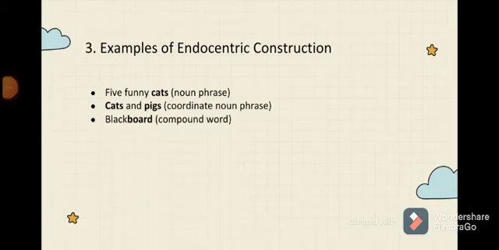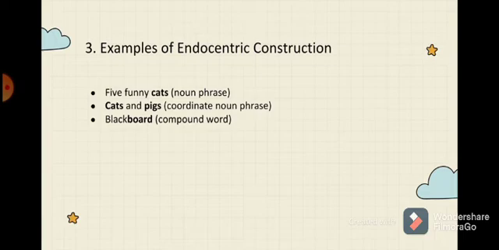The third is blackboard. It is a compound word. So what is a compound word? Compound words are when we put two words together that merge to create another word that combines attributes from both.